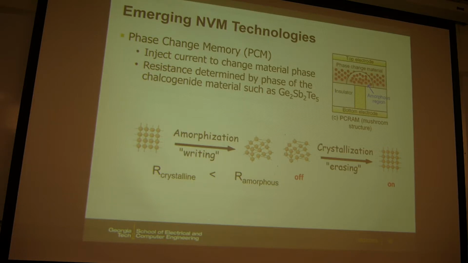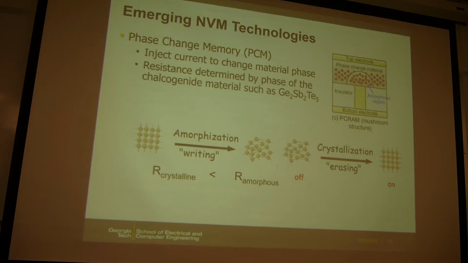Chalcogenide is a material in group 6. So if you look at the periodic table, in group 6, first you have oxygen, and the rest will be in this so-called chalcogenide. So like the antimony, tellurium, so here. So those are the chalcogenide materials.